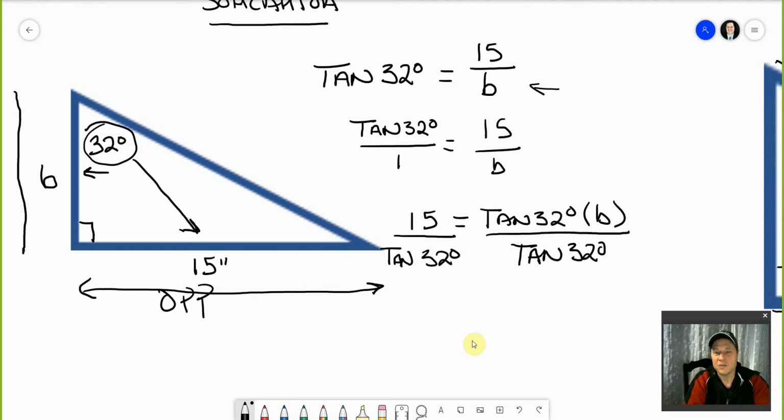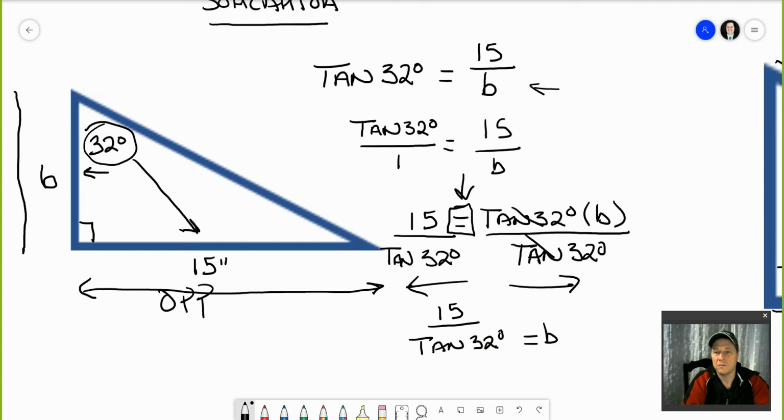Because that's what makes this equal sign true. Now these two cancel each other out, and we rewrite this, just to keep it simple, as 15 over tan 32 equals b.